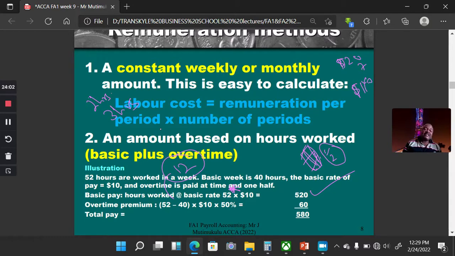What it means is you're going to be paid for the 3 hours at the basic, normal rate, but you're also going to be paid overtime, which will be 3 minus 2 hours, which is equal to 1, multiplied by the 50%, 0.5. This is what is happening here, and you are going to be given your money.